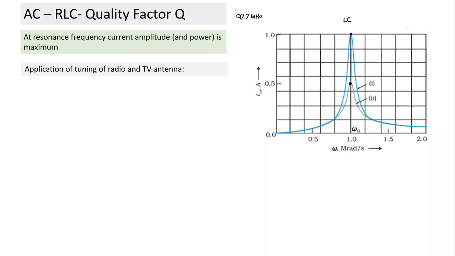What does that imply? Let's understand what happens in the case of the antenna. We have an antenna, and all TV stations' signals are coming at different frequencies, F1, F2, F3.